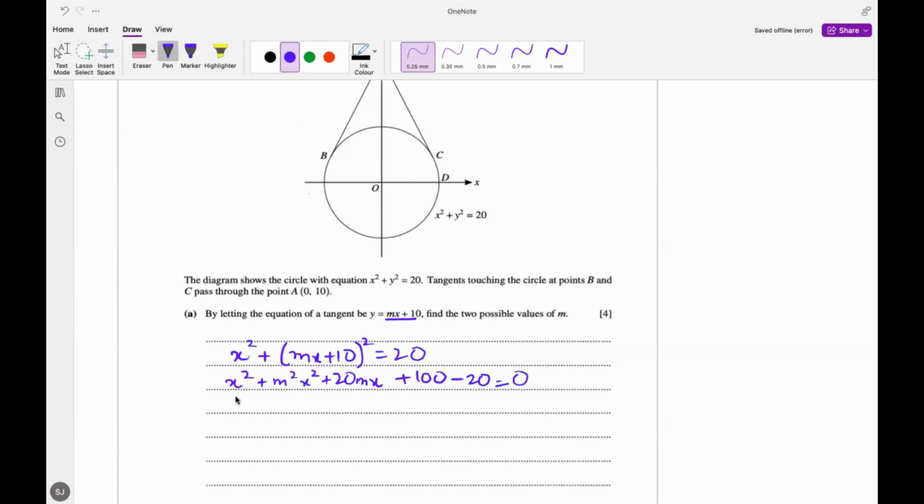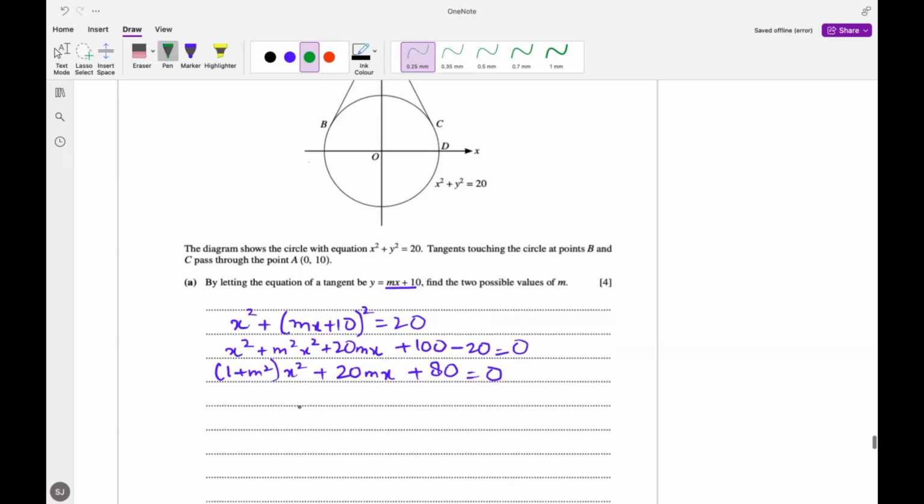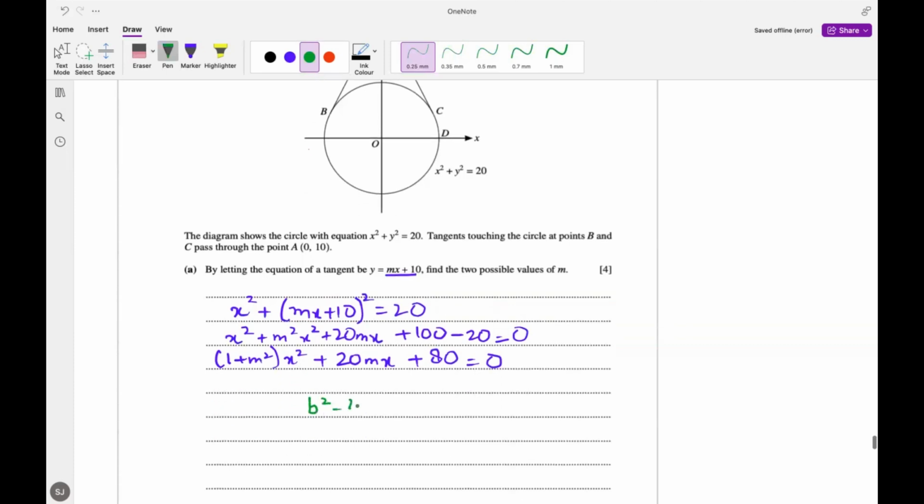Now taking x squared common, we'll get (1 plus m squared) as the coefficient of x squared, the coefficient of x is 20m, and the constant term will be 80. Applying b squared minus 4ac, and as the line is a tangent, it will be equal to 0.